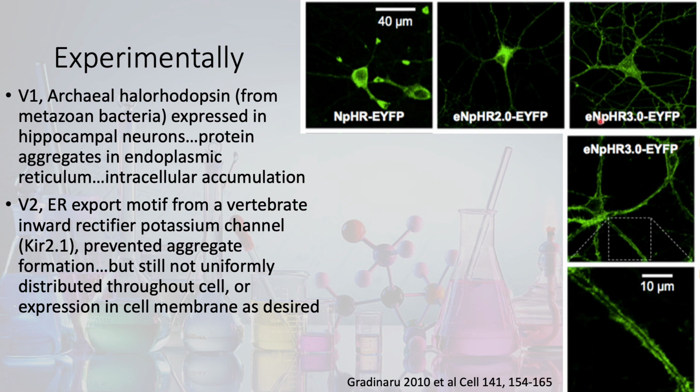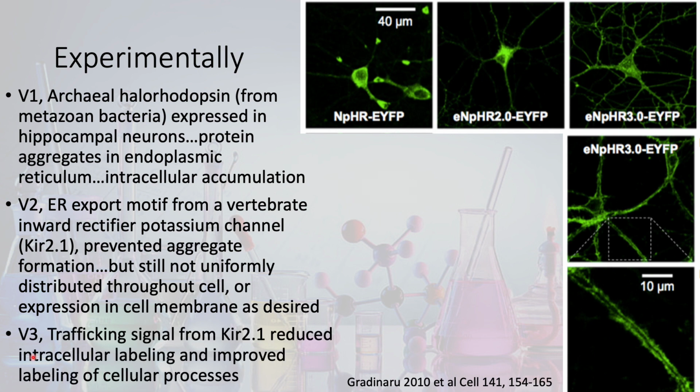So if you've already looked over here to version 3, in version 3, our authors took a trafficking signal from that same inward rectifier potassium channel and stuck that trafficking signal or trafficking motif into our Franken gene. In doing so, we've now reduced intracellular labeling or intracellular accumulation, and we've improved labeling of cellular processes, right?